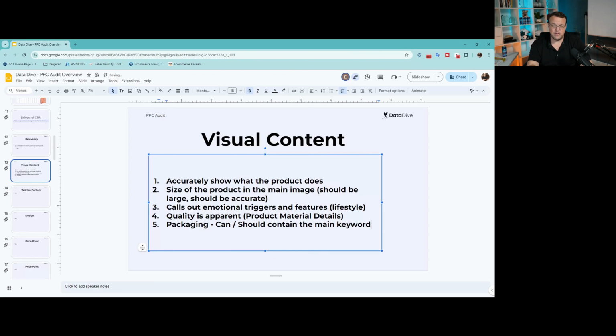Think about the psychological triggers: someone is searching for a product, and on the main image you have your packaging and it has the keyword that they searched for, the main keyword of the product. That's going to be a strong indicator that they're in the right place. They're going to be more likely to click on the product. Does that make sense? What else can you do in packaging?